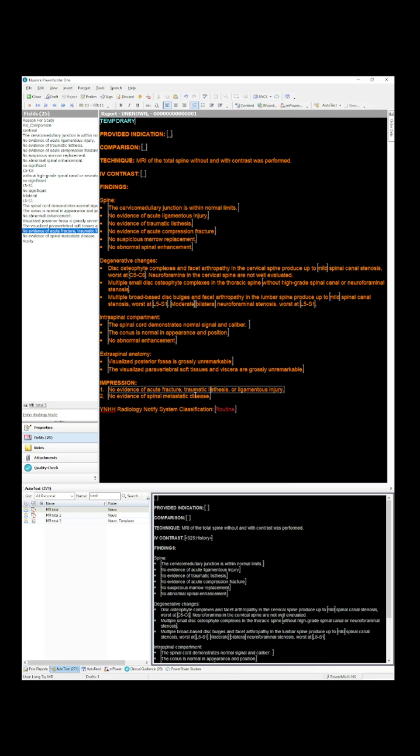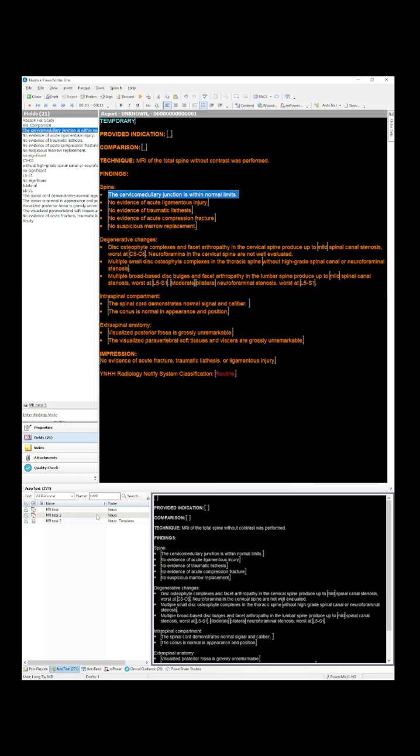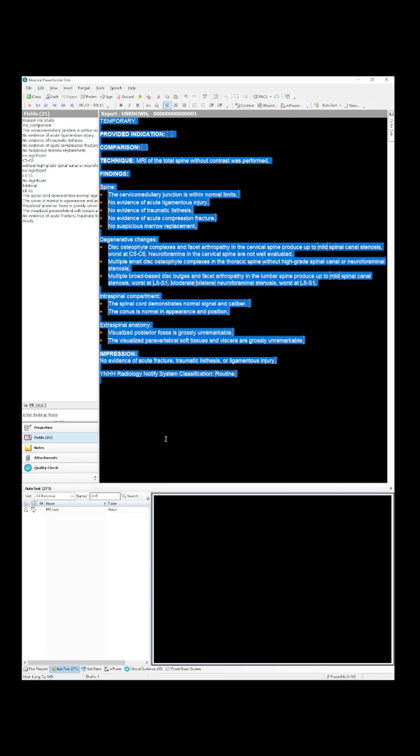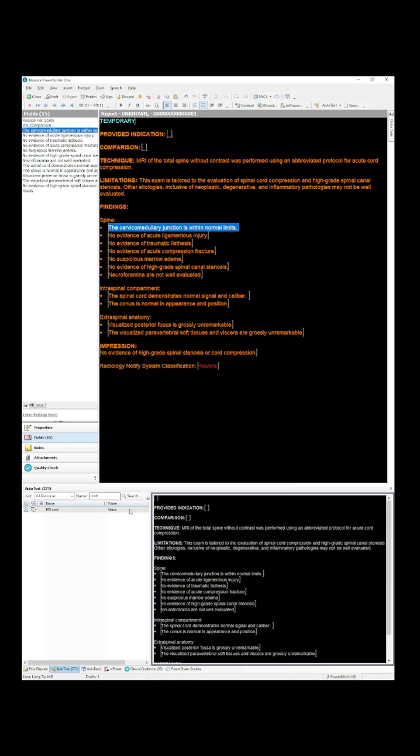So this is a with and without. Here I've got a with version that's similar, except I just remove the "this is a without contrast" part. And then there's another version which is even more pared down. So we have an acute cord compression protocol, which does limited sequences. I believe it's a sagittal STIR for the whole spine and axial T2.